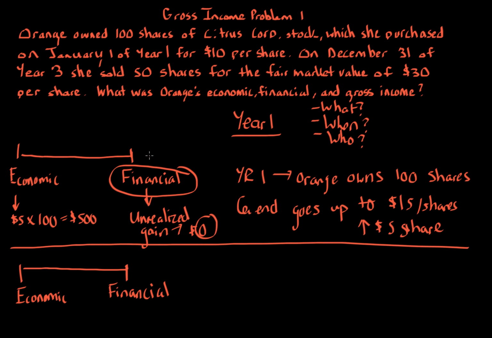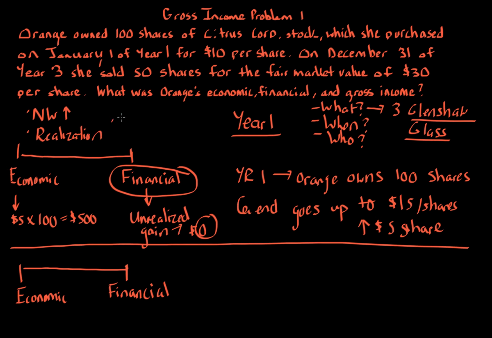And that's a key element to note: when you look at tax income, the what question, what amount of gross income, you have to go through the three elements from the Supreme Court case Glenshaw Glass: accession to wealth, or your net worth increases, realization, and dominion and control. So realization is the issue.